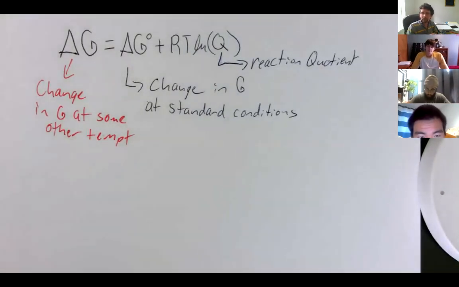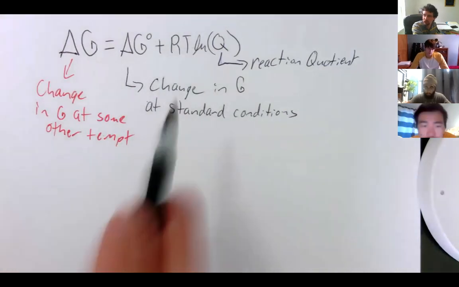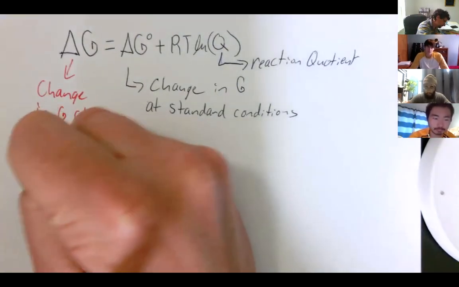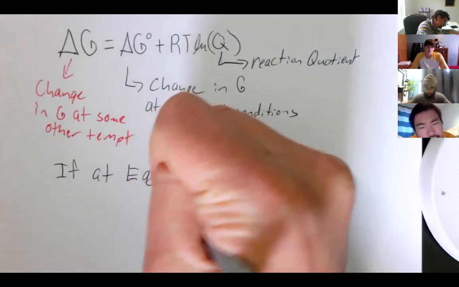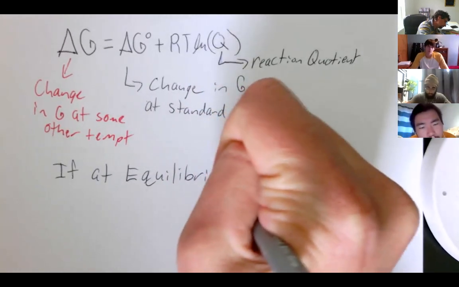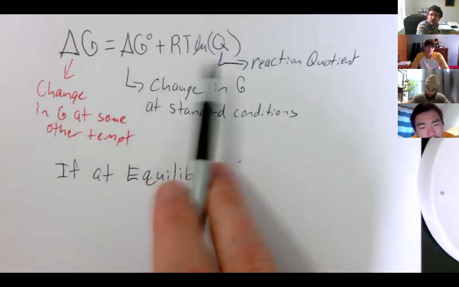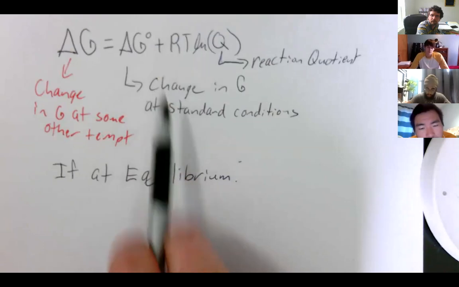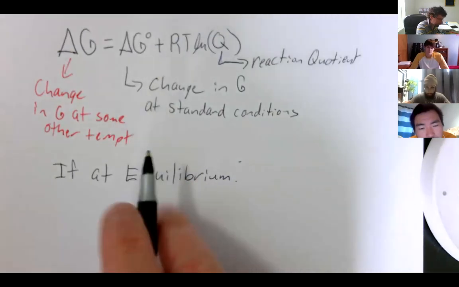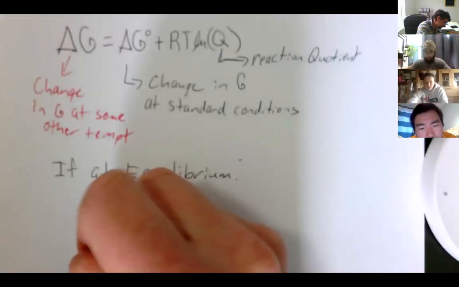Now, this equation changes if we're at equilibrium. How does this equation change if we're at equilibrium? Q is replaced with K, and delta G is 0.